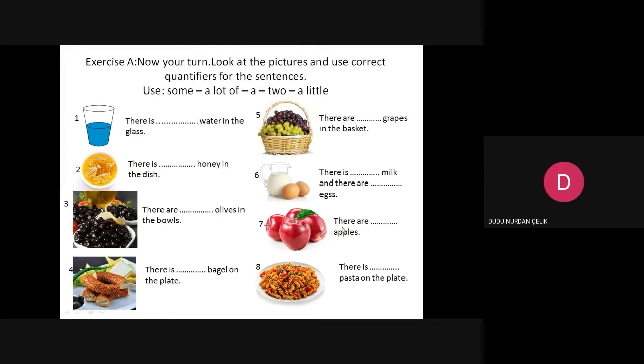So we can say, exactly true, there are some apples. And the last one, pasta. Yes, there is some pasta on the plate, or you can say there is a lot of pasta on the plate. Pasta, be careful, is uncountable.